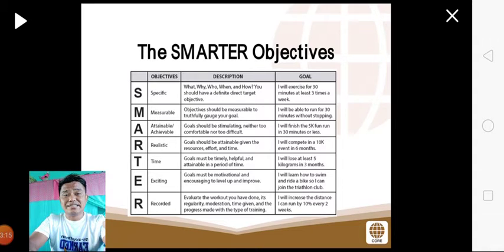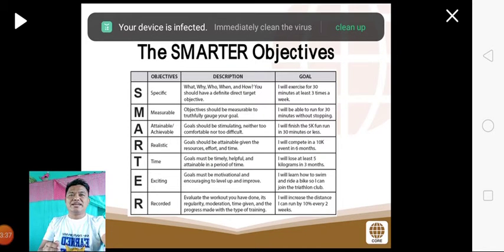Dapat realistic. Dili ka magplano sa dili nimo kaya. Okay? Kung kaya nimo, kung pwede ka mag-atog gym, pwede. Kung kaya nimo magbayad sa instructor, pwede. But if not, make some resources sa inyong balay. Pwede mo magbuhat. Kanang kaya lang. Okay, next, time.